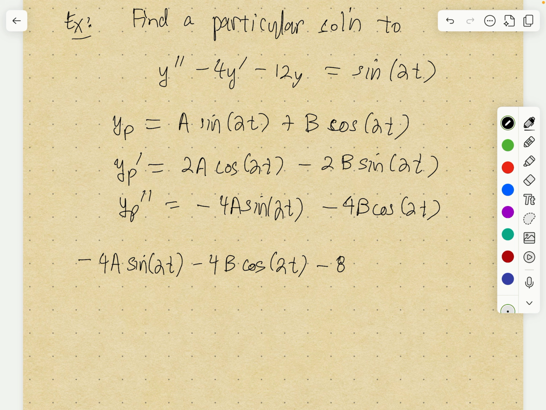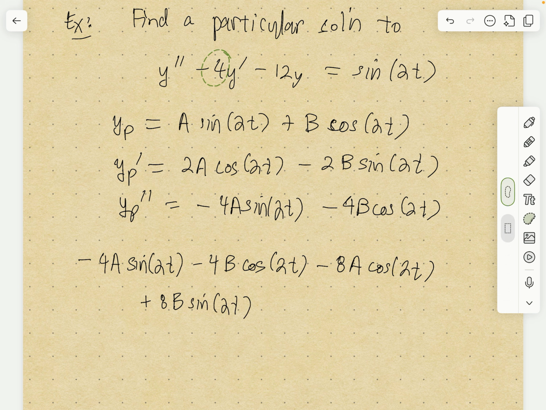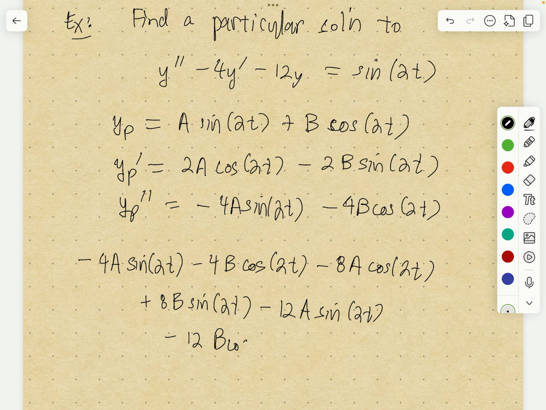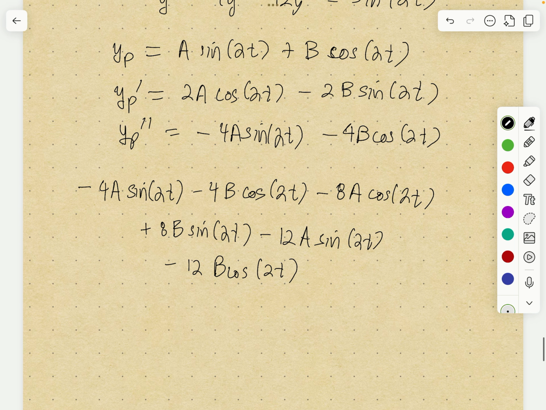So I'm going to get negative 8a cosine 2t and then plus 8b sine of 2t, because I'm multiplying the negative 4 here by the negative 2b, and then minus 12 times a sine 2t minus 12b cosine of 2t. So that's the thing on the left.